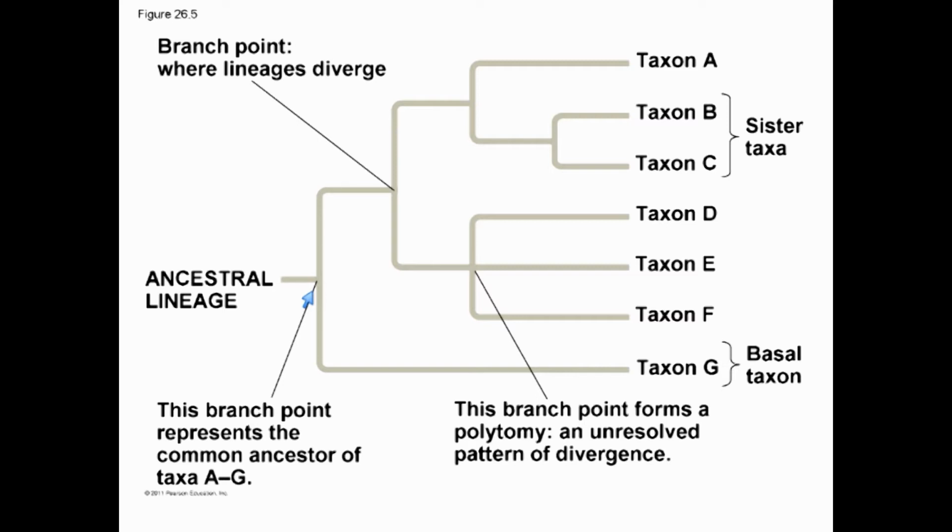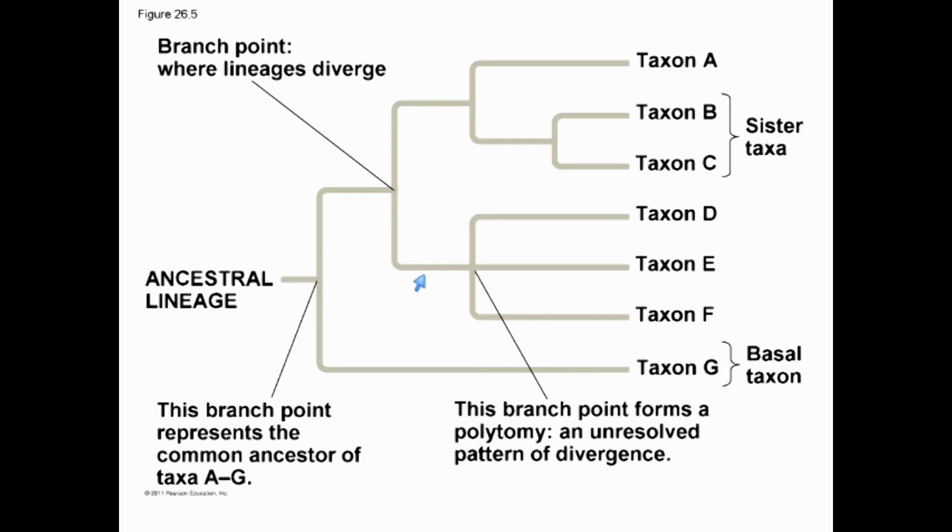Okay? Up here, this divergence goes to a point, and at this point we have what we call a branch point, and this is where we get another divergence. So this particular species, whatever it was, was not around for very long. Okay, so it was present for a small period of evolutionary time, which can be hundreds of thousands of years, and then it branched into two other lineages, which is what we see here.